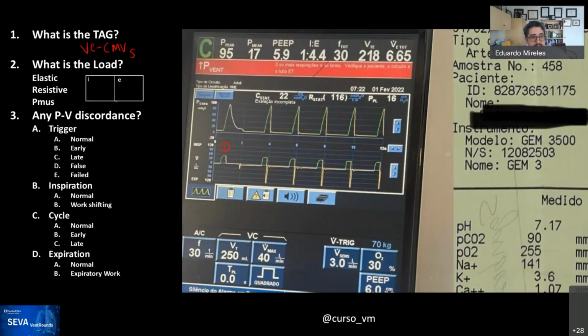Okay. This changed your assessment of the load. So let's see. So looks like the plateau pressure is less than 20. Yes. Yeah, so maybe it's more resistive than elastic, the load. So this is the peak pressure, and the plateau is all the way down here. Yeah, it is definitely resistive then.